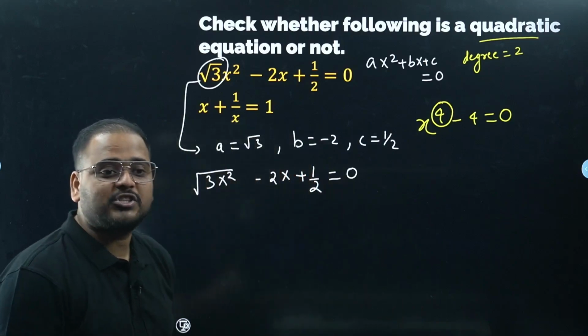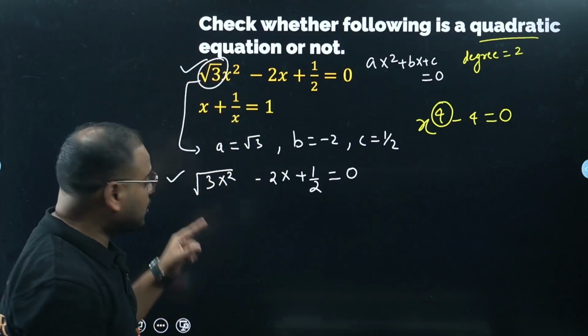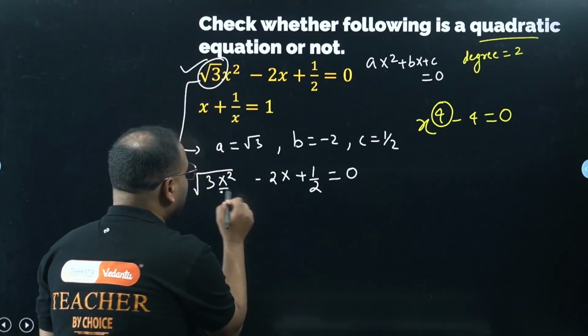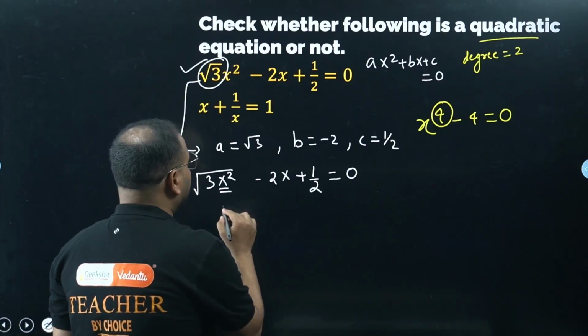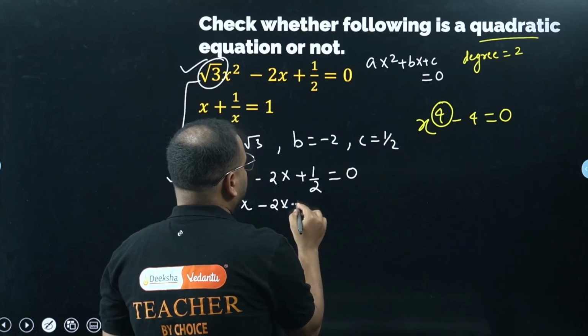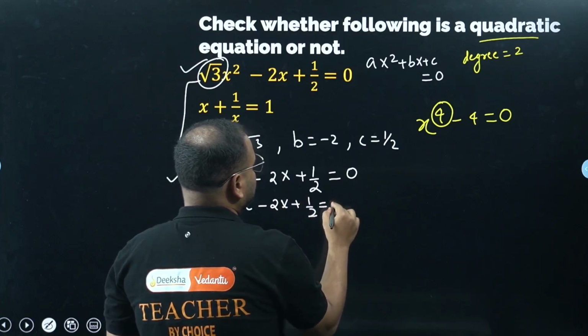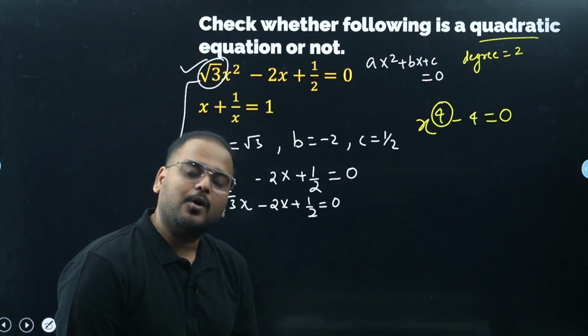What changed from here to here? Now the root is applicable on x square also. In this case, this will become root 3x minus 2x plus 1 by 2 equal to 0. Now what is the highest power? It's clearly 1. Cannot be a quadratic equation.